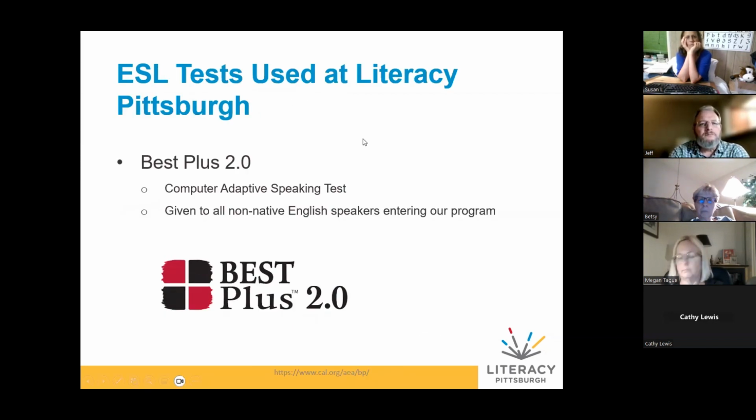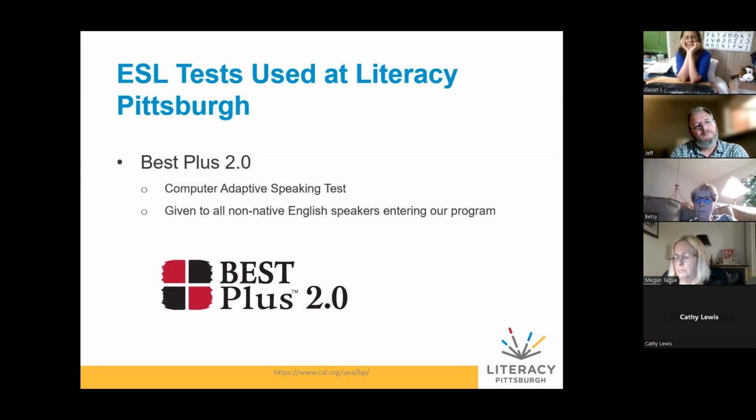So there are 2 ESL tests that we use at Literacy Pittsburgh. The first is the BEST Plus 2.0, which is a computer adaptive speaking test. So as we test our students, asking them questions, the coordinator, the proctor, will score the answers as they are answering each question.